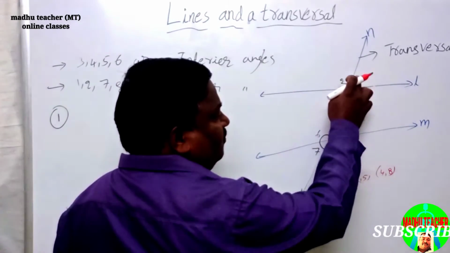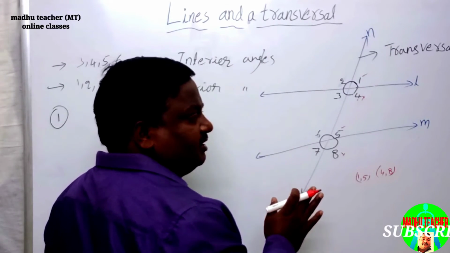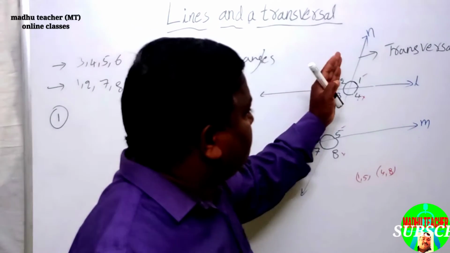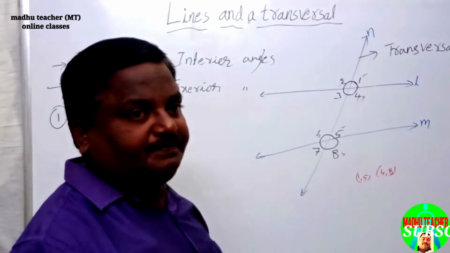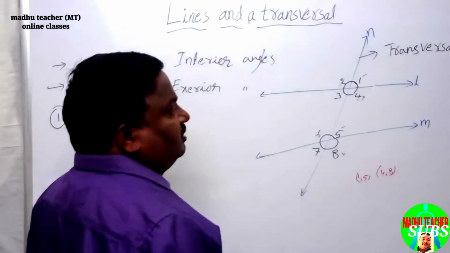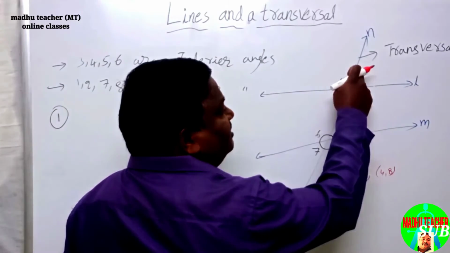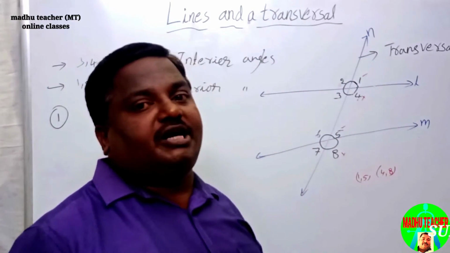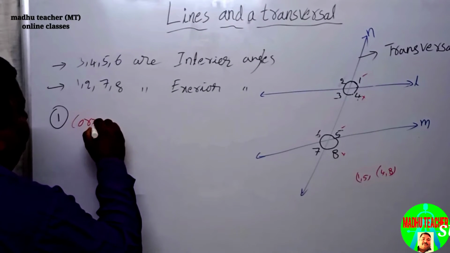Angles 1 and 5 are non-adjacent angles and both lie on the same side of the transversal, and one is interior, the other is exterior. These types of angles are called corresponding angles.